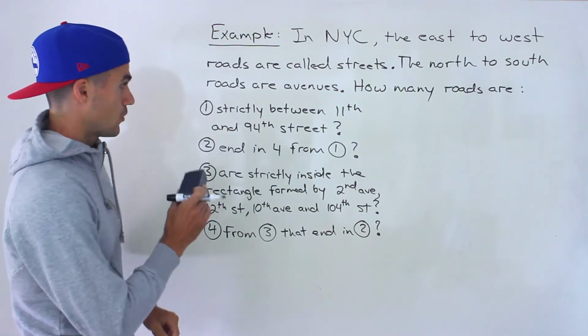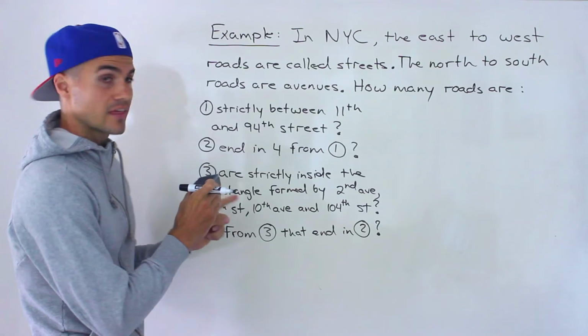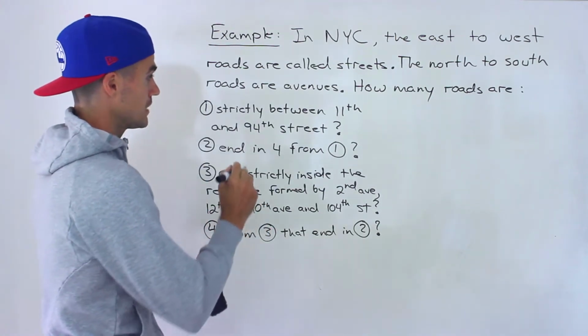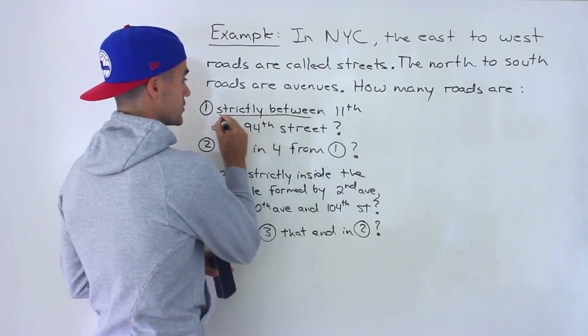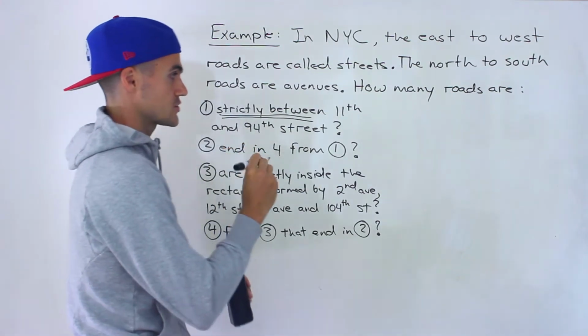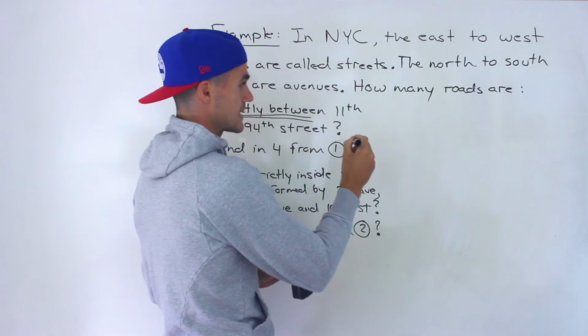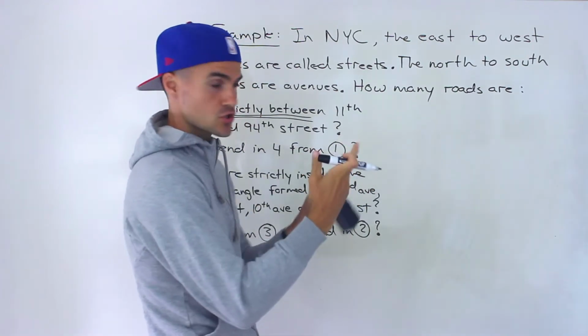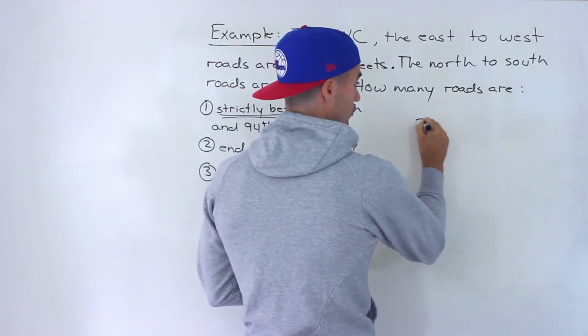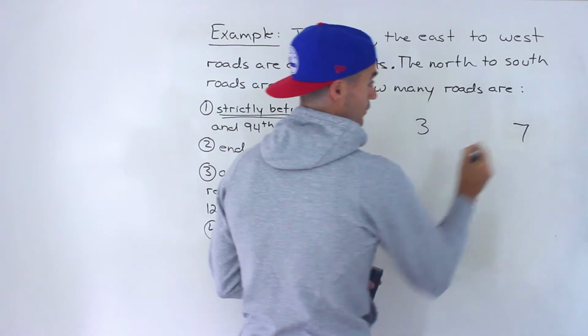So starting with number 1, strictly between 11th and 94th Street. Now you got to be careful here with this strictly between. So what I'm going to do is actually start with smaller numbers. Let's say that the question was asking how many numbers are strictly between 3 and 7.